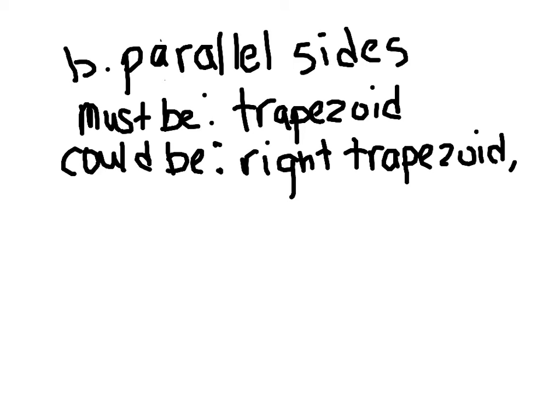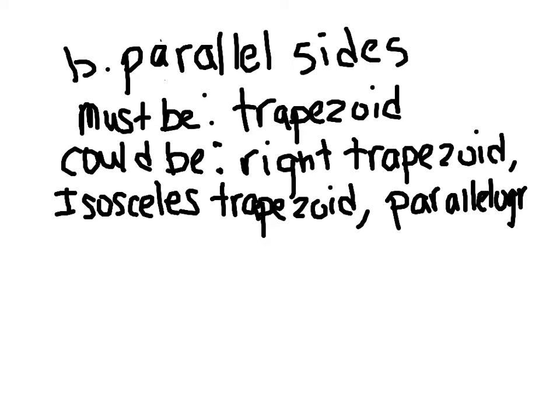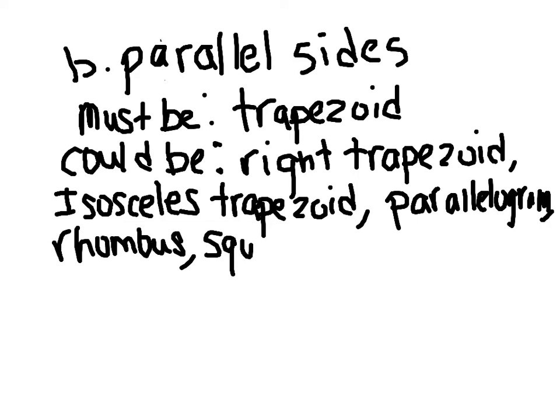So it could be a right trapezoid, an isosceles trapezoid. Again, that has more information than just a pair of parallel sides. It could also be a parallelogram, a rhombus, a square, or a rectangle.